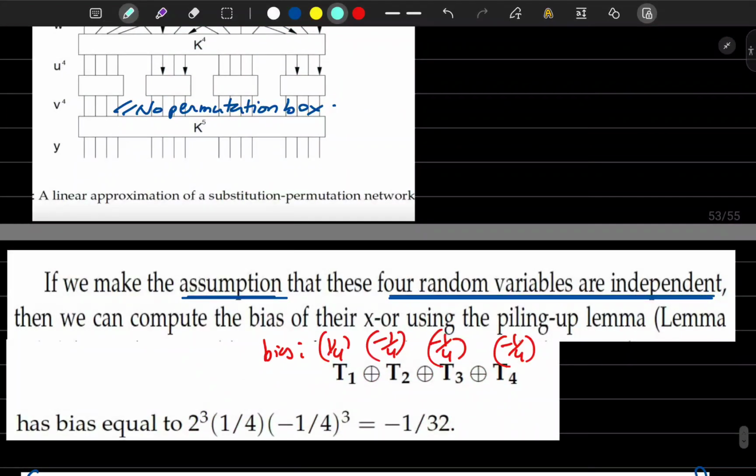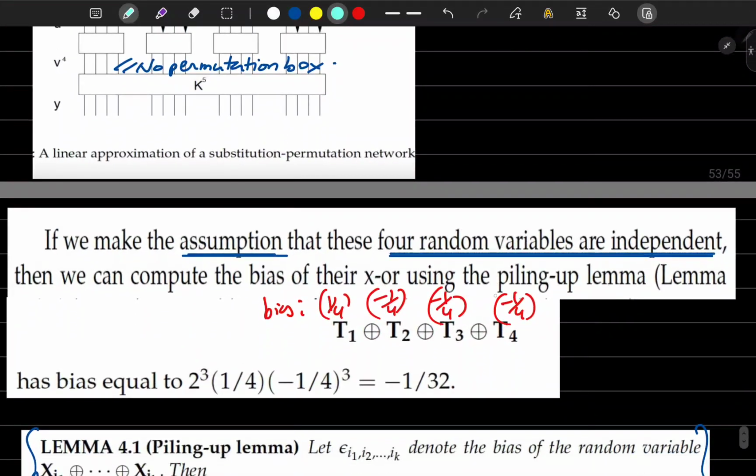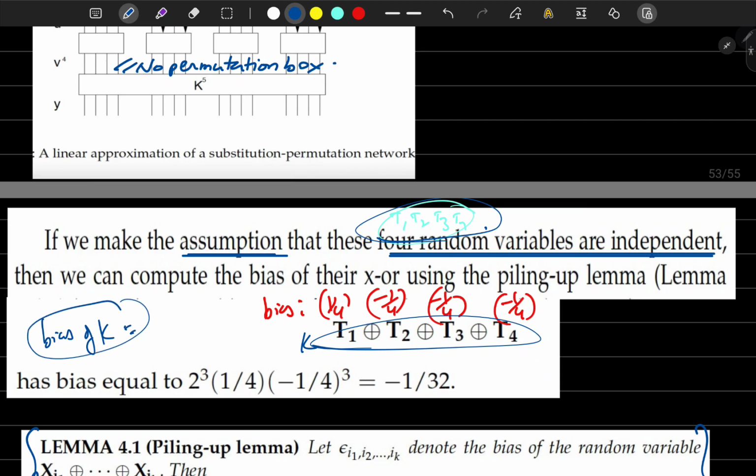After that, again we are assuming that all these t1, t2, t3, t4 random variables are independent. Once these random variables are independent, then to find the bias of the whole value, let's say it is k, how will you find the bias of k?